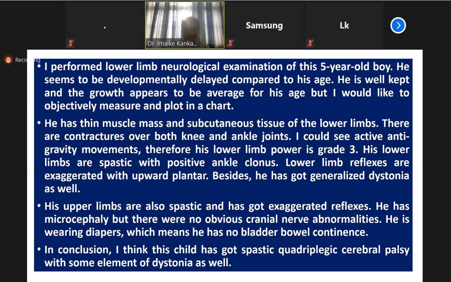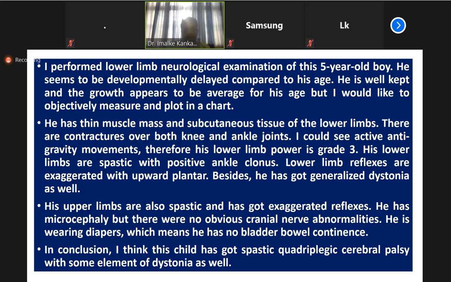He has thin muscle mass and subcutaneous tissue of the lower limbs, because you were asked to examine lower limbs, no? Because of that, it's always important for you to present the lower limbs in detail and then go on to the other systems. There are contractures over both knee and ankle joints.